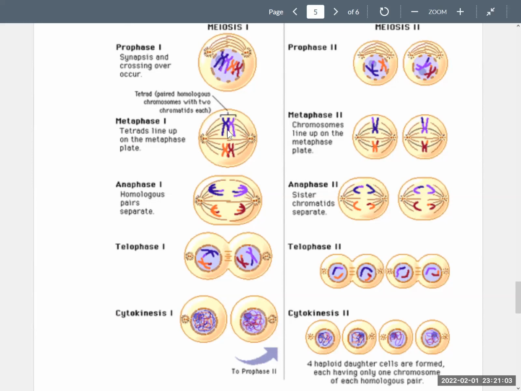You'll have 23 pairs. And then, as we'd expect in anaphase, the chromosomes split. Okay? The chromosomes move to different sides.